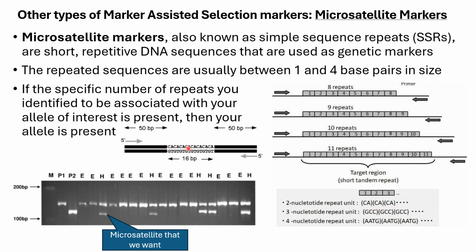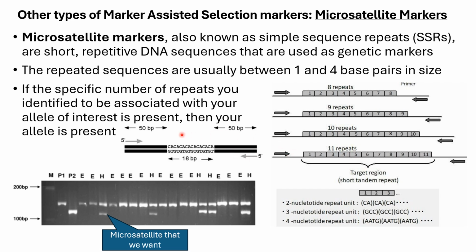So if you look at this, let's say you're looking at this piece of DNA here, and you have CA, CA, CA, CA, CA, and you find something like this, and it's close to the gene of interest, then it might be that if this is present, then your gene of interest is always present.